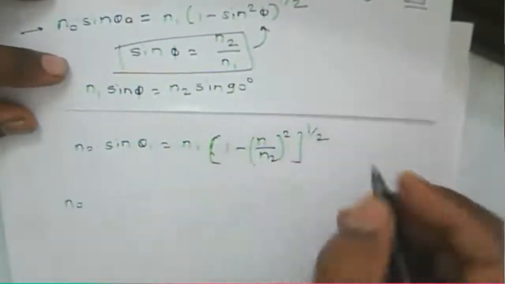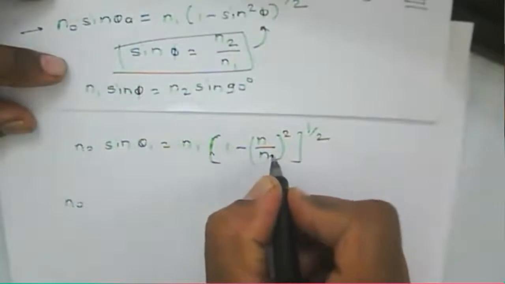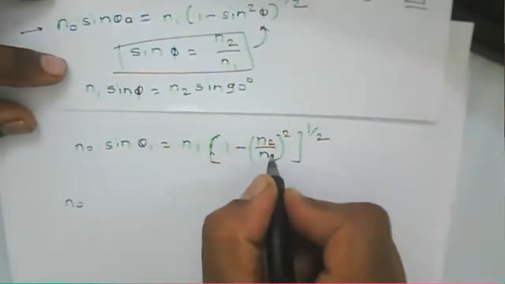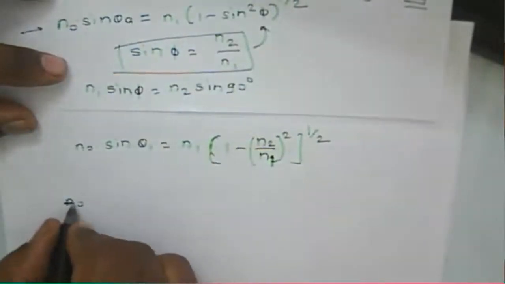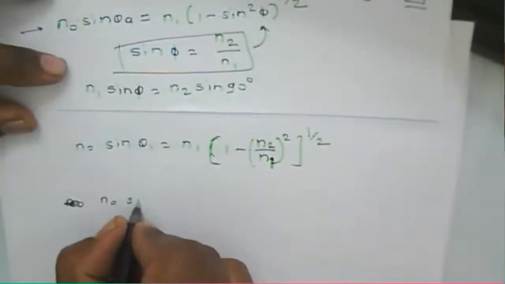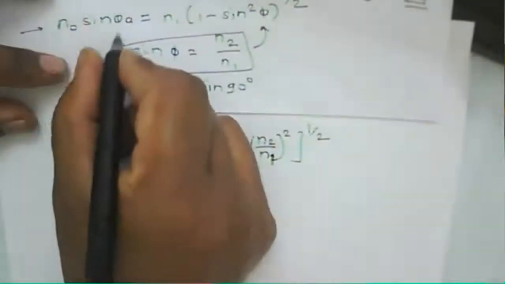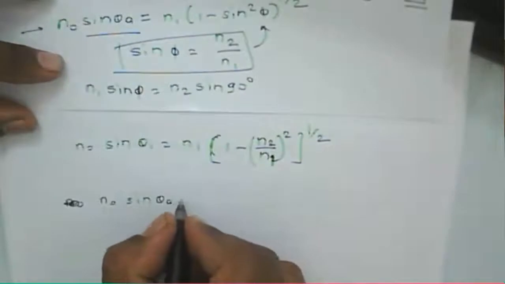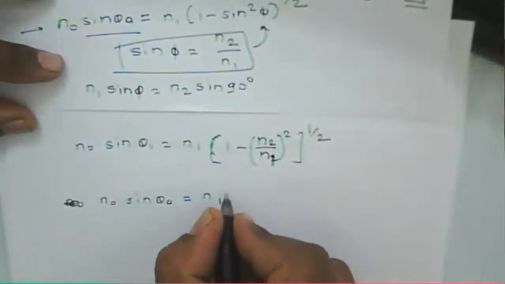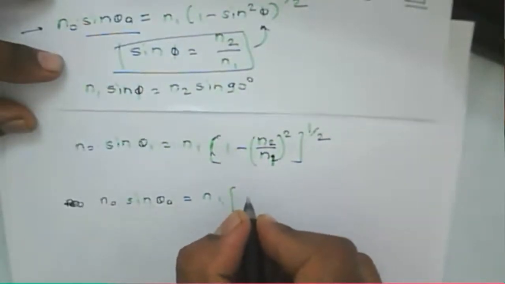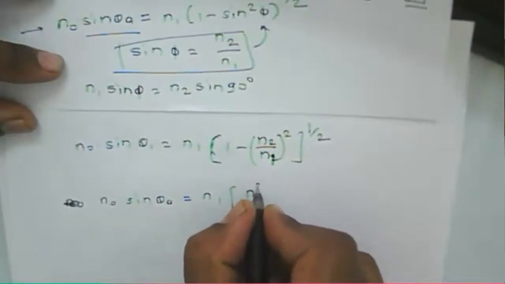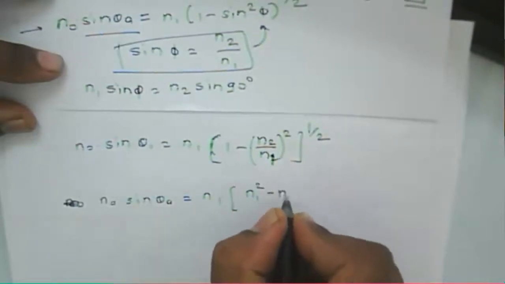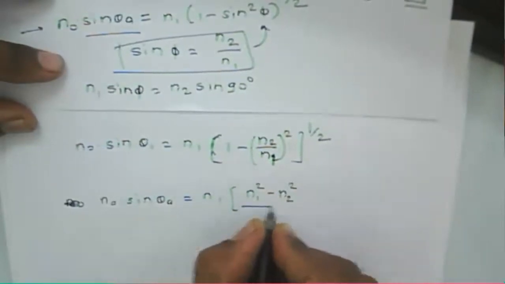Then our equation becomes n0 sine of theta 1 is equal to n1 into (1 minus (n2 by n1) square) raised to 1 by 2.